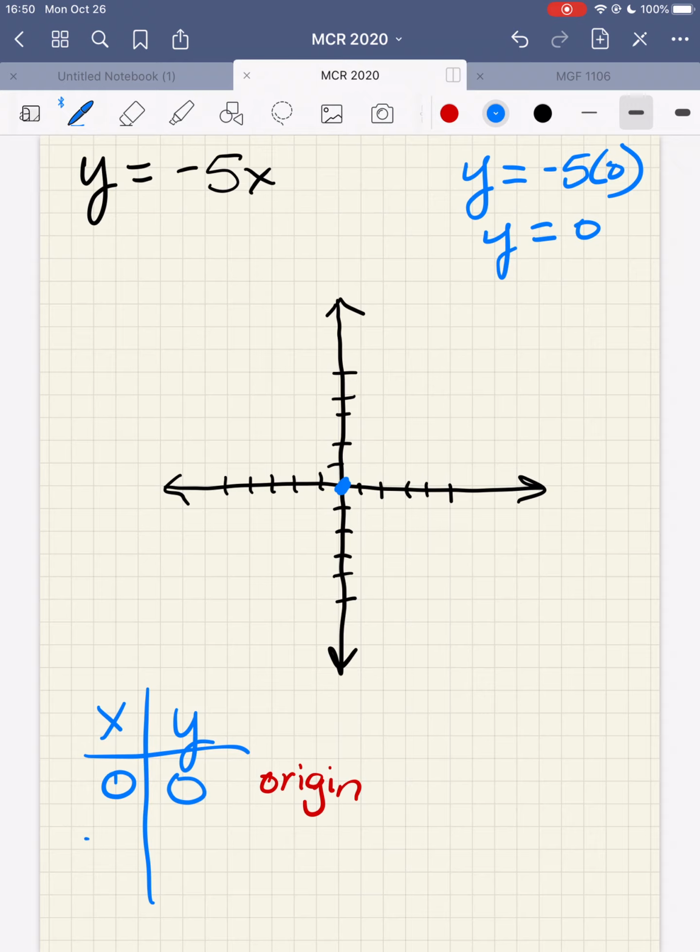In this case, I'm going to go ahead and use negative 1, which means I have y is equal to negative 5 times negative 1, and negative times a negative is a positive, which gives me positive 5. So my second point is going to be negative 1, positive 5.